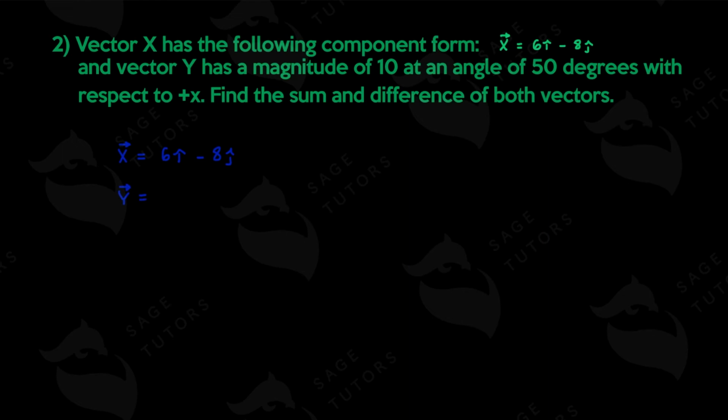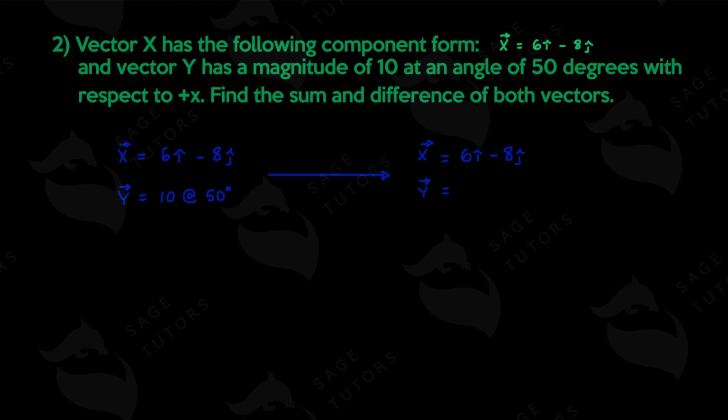We have a magnitude of 10 at an angle of 50 degrees with respect to the positive x. So in order to change this into Cartesian coordinate form, we already said that x is already in that form. We just leave it alone. But the y vector, we can change it by using the formulas previously given.